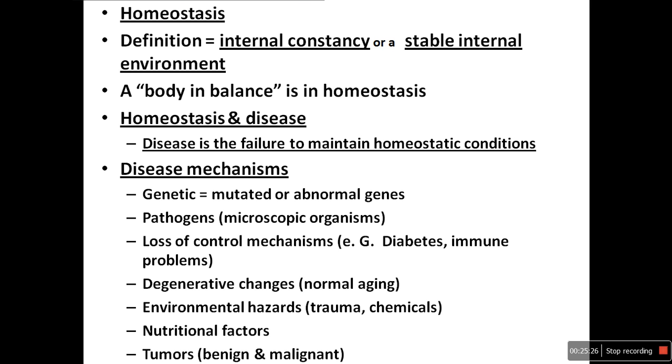Loss of control mechanisms, like diabetes and immune problems. What do you know about diabetes?